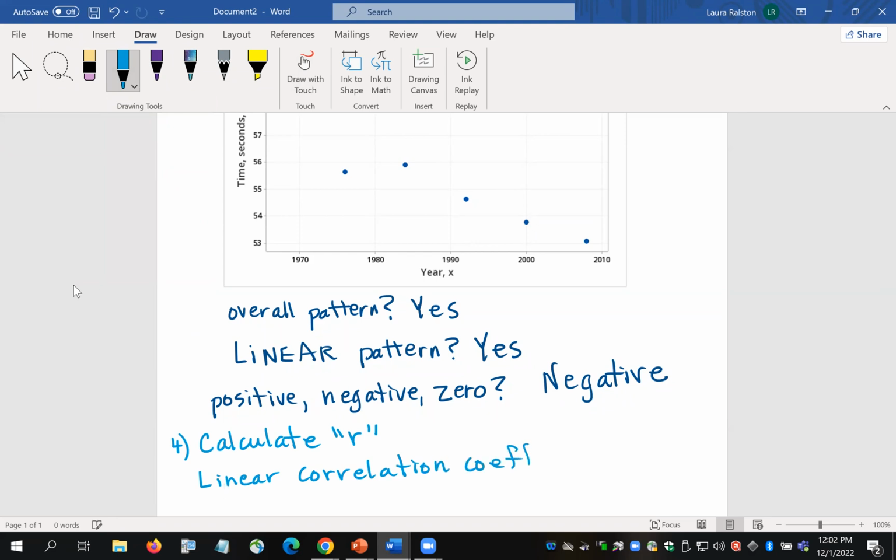This gives us a measurement, a numeric value. This is more of the algebra analysis, because I'm going to use the numbers inside a formula and get a value. So Minitab's going to do that for me.